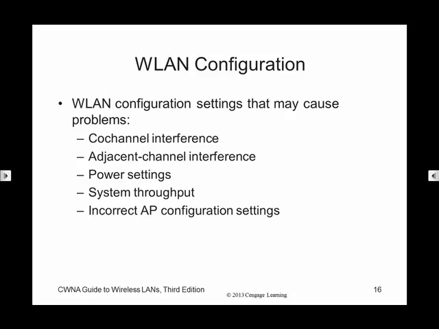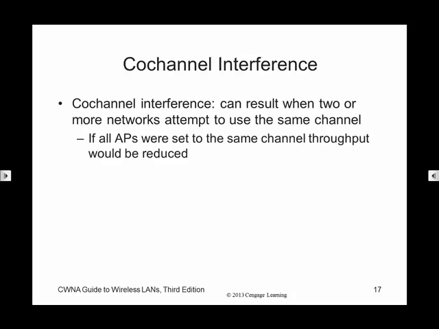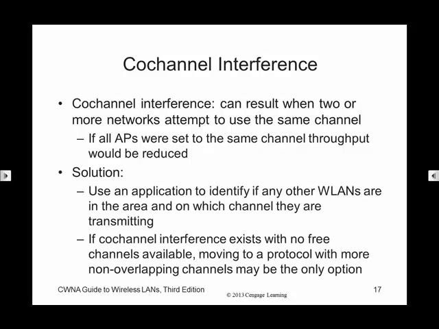Co-channel, adjacent channel interference, power setting, system throughput, the WLAN configuration. Co-channel is all the APs set to the same channel, so throughput would be reduced. So we've got to look at, are we configuring ourselves to do interference? Co-channel exists with no free channels available, 1, 6, and 11.